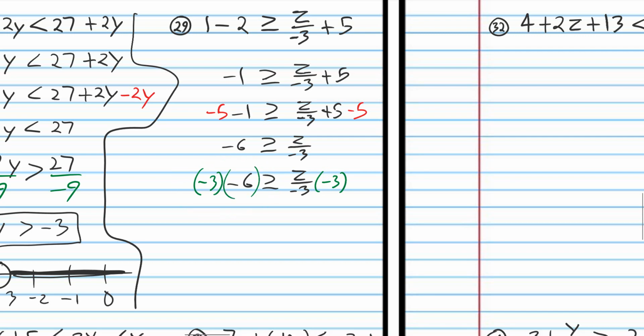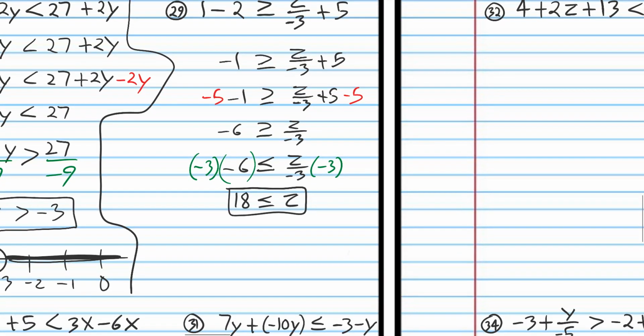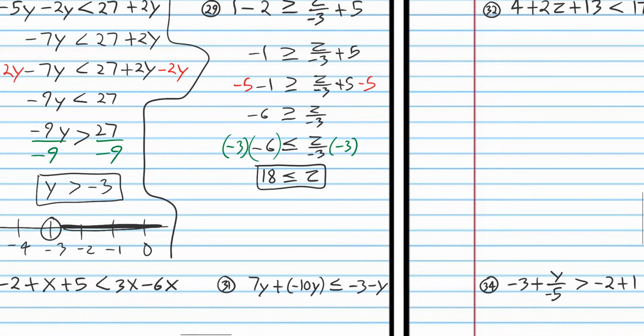So because we're multiplying both sides, I have to erase that inequality, and I have to write a less than or equal to sign. I have to flip it. So that is the algebraic solution to that problem. So if you got 18 is less than or equal to z, good job.